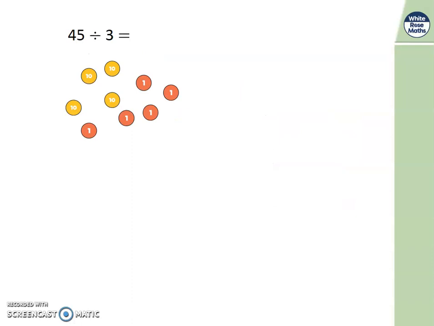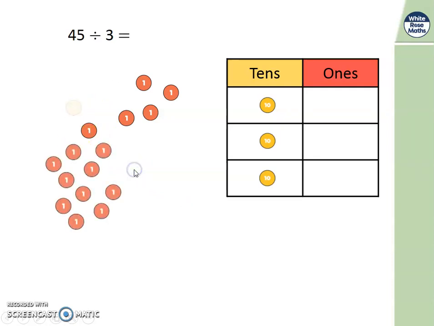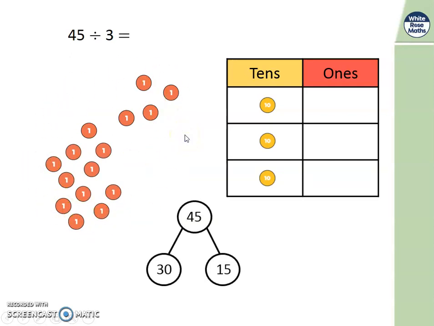45 divided by 3. Here I've made it with my place value counters. Here is my grid. I take what I can do first, so I'm sharing out 3 of the 10s. Then I notice I've got 1 left. Now I can't just put 1 in each side, so what I'm going to do is exchange this 10 for 10 ones. And there they go. Now I have 15 ones. I share them equally.